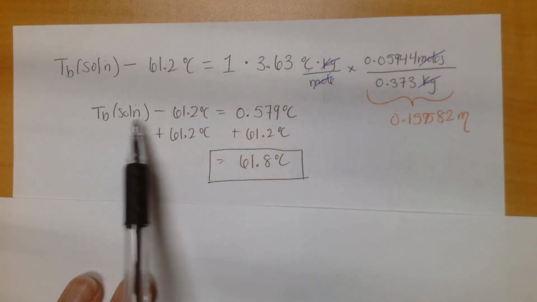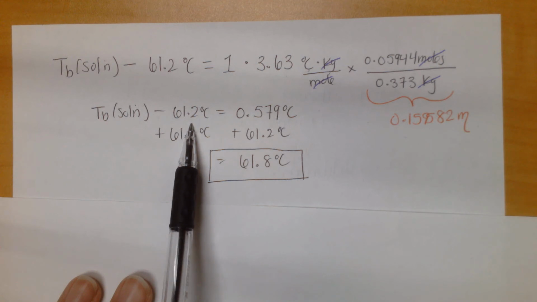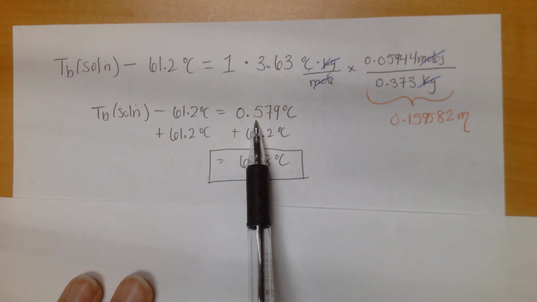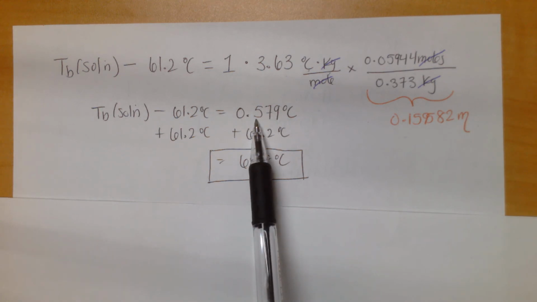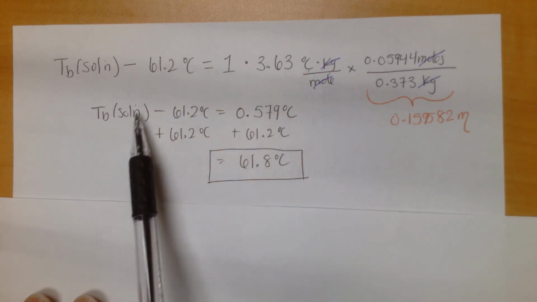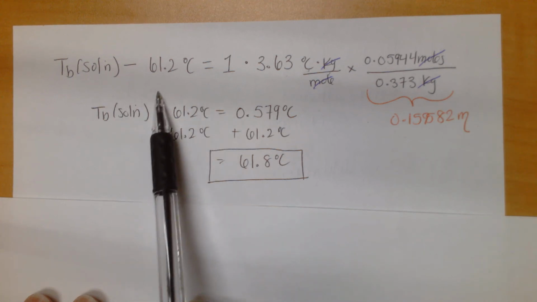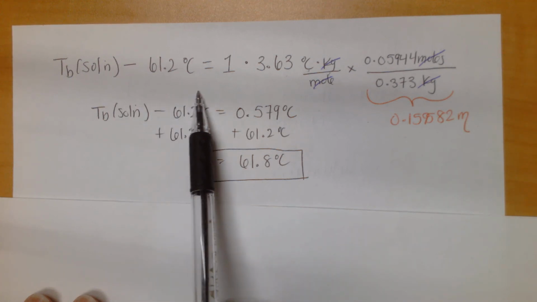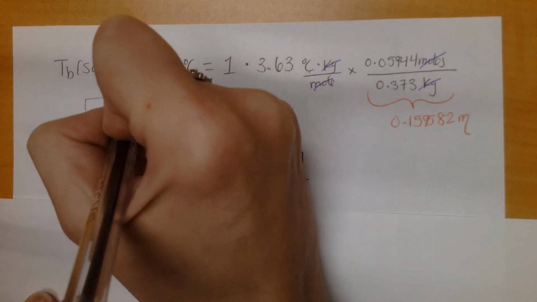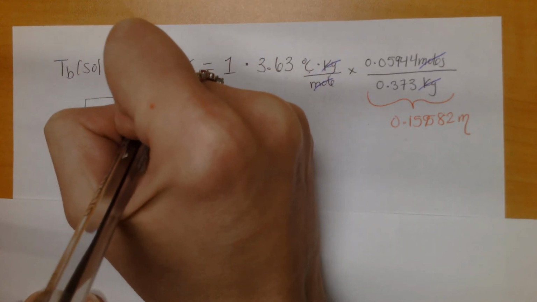So we get TB of solution minus 61.2, multiply and divide through to get 0.579 degrees Celsius. Remember, this whole thing here is delta TB.